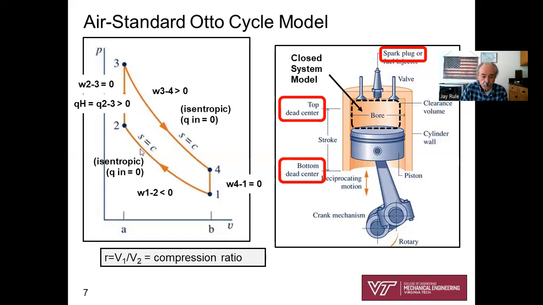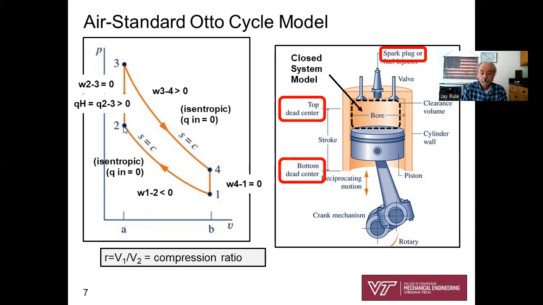Then we begin the compression process to compress the air in the piston and cylinder. And we're going to do that reversibly and adiabatically, 1 to 2. Let's see, can you visualize the work? I can. The work, integral PDV for a closed system. It's going to be negative, integrating right to left. Reversible adiabatic, Q for 1 to 2, that's 0.